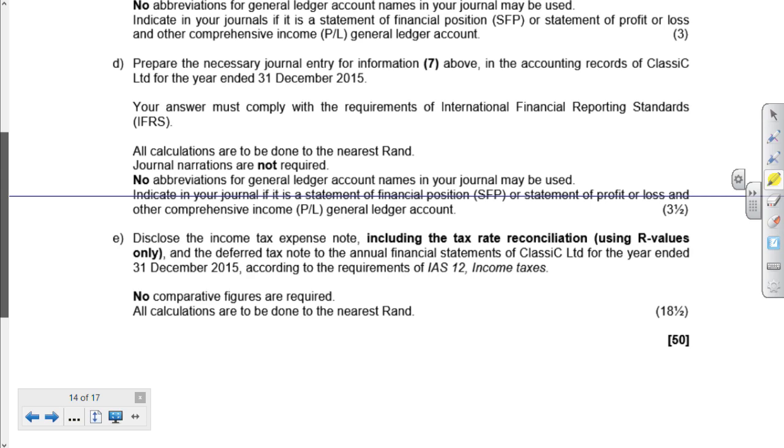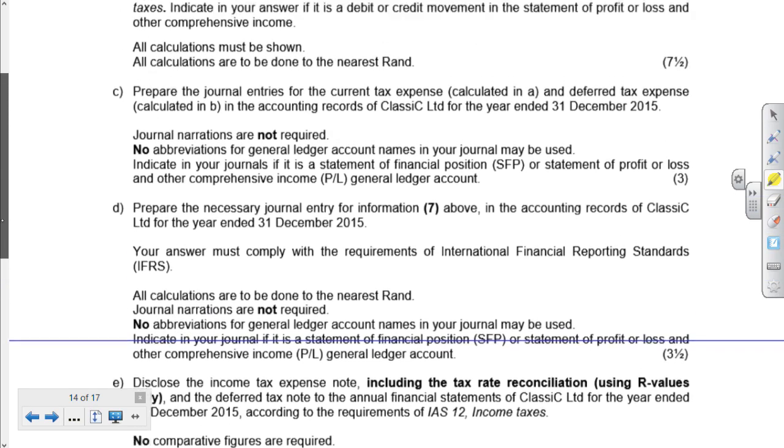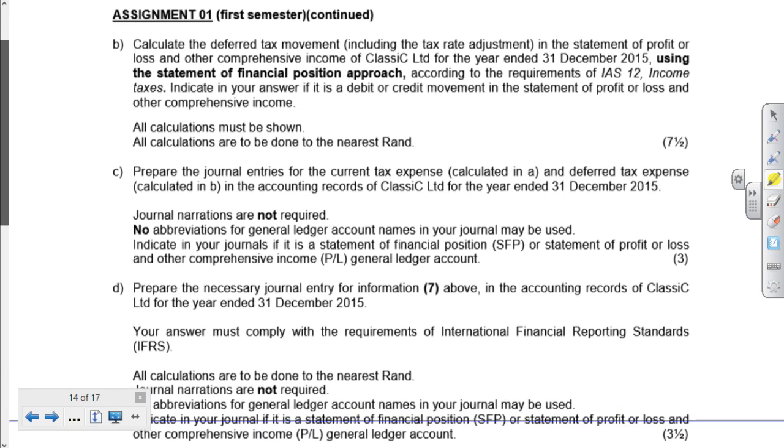So first of all, B: calculate the deferred tax movement, including the tax rate adjustment in the statement of P&L for the year ended December 15, using the statement of financial position approach, which is this approach that we've talked about, yes? That's the approach that is recommended, that is required by the statement, according to the requirements of IAS 12. Indicate if your answer is a debit or credit movement.